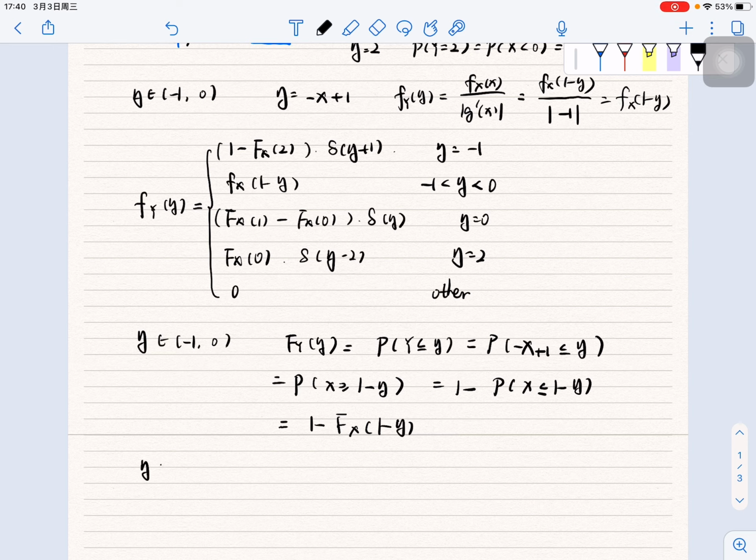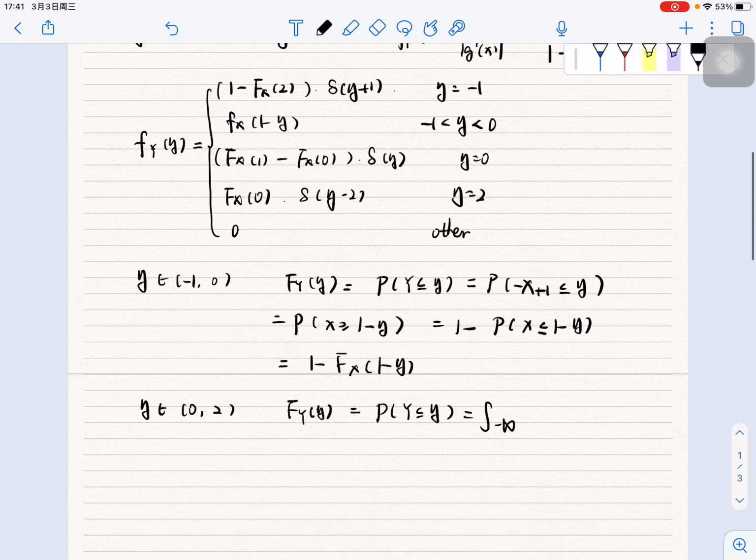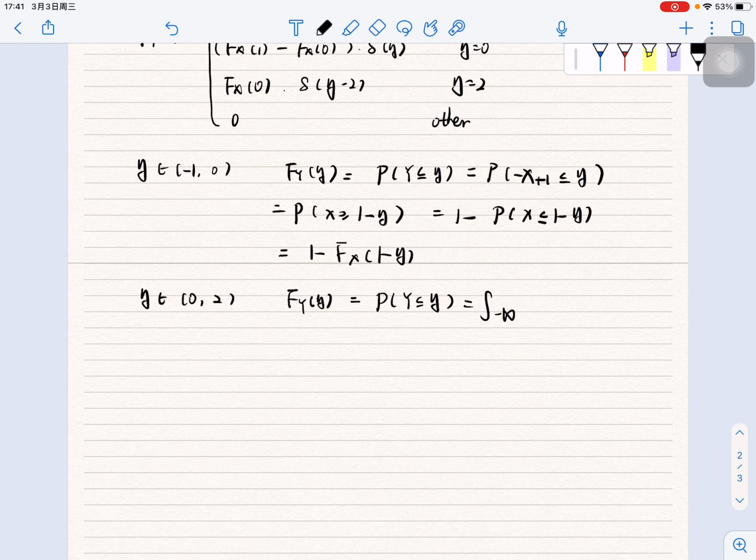Also, in the interval 0 to 2, we have the distribution function equals the probability Y less than y, which equals the integration from minus infinity to y of the density function.